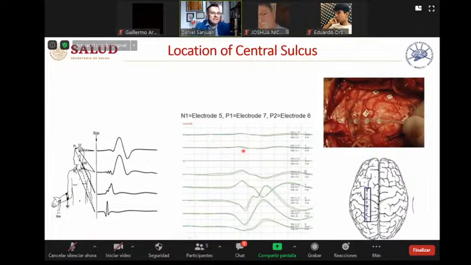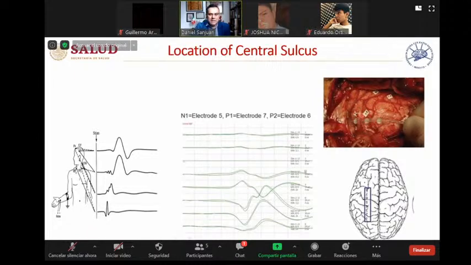But in this case, which is the most common scenario, we apply a peripheral stimulus in the median nerve, and then we try to detect using this strip over the somatomotor area to decide where the central sulcus is.